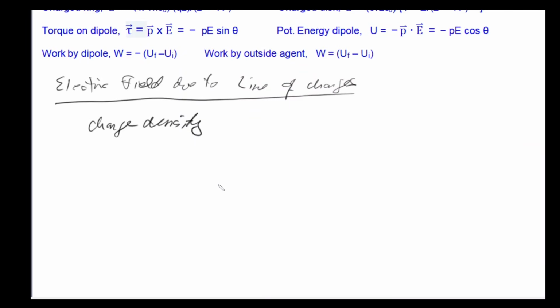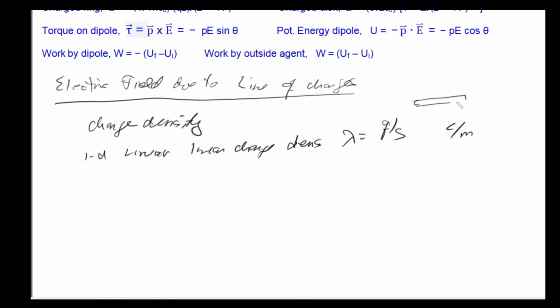So for a one-dimensional linear object, we use the linear charge density, and that is given by lambda, which is equal to Q over S, which has the units of coulombs per meter. So if we have a rod, then S is the distance along that rod, or if we have a ring, S is a segment on that ring.